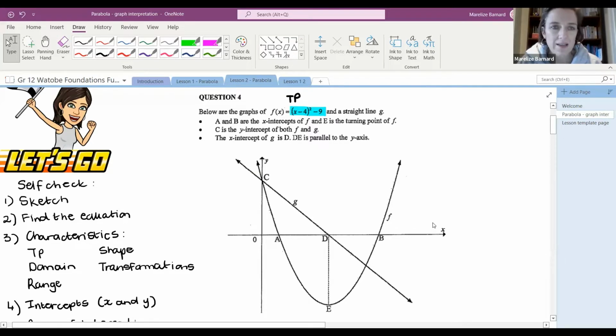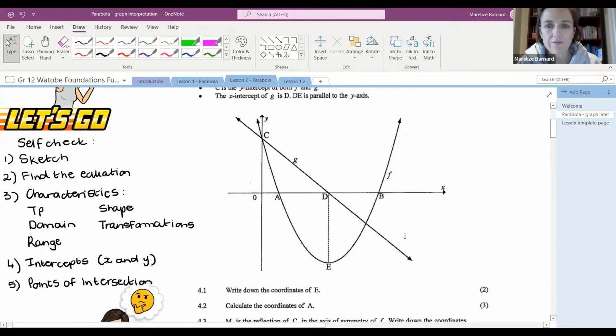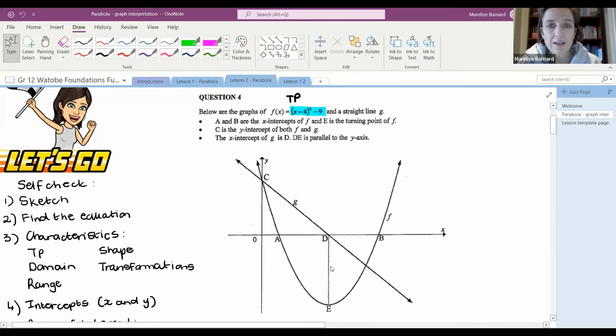Remember, we said that the parabola's equation is in turning point form. So it is fairly straightforward. Also look at the mark allocation. Tumelo, remember that the E has an X coordinate and a Y coordinate.